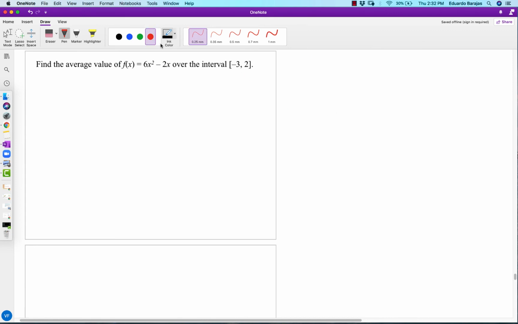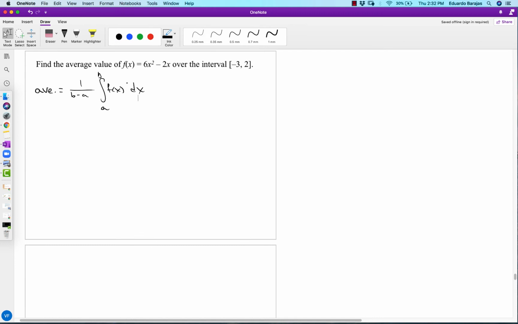So, for example, find the average value of f of x equal to 6x squared minus 2x over the interval from -3 to +2. Okay, so using our formula, the average is going to be equal to 1 over b minus a, integral from a to b of f of x dx.